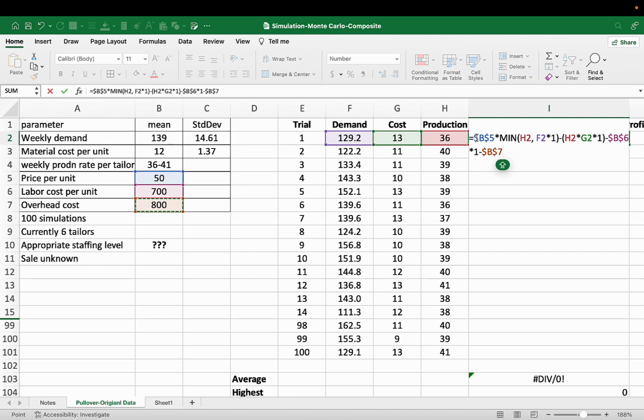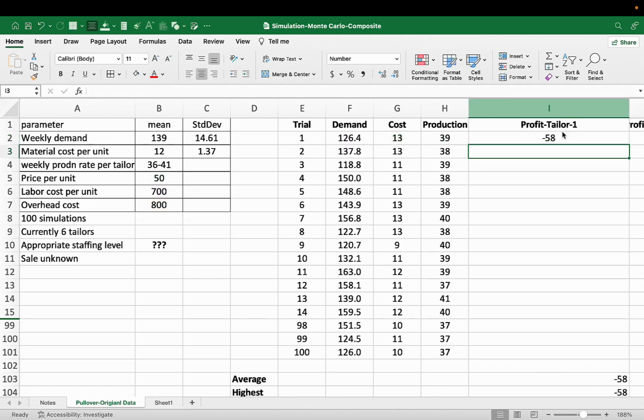This part represents our revenue, which means the price per pullover multiplied by the sales. Then this is the cost of production, then this is the cost of tailors or labor, and this is our overhead cost, and that should give us the profit that comes from one tailor, because we are using 1 here.